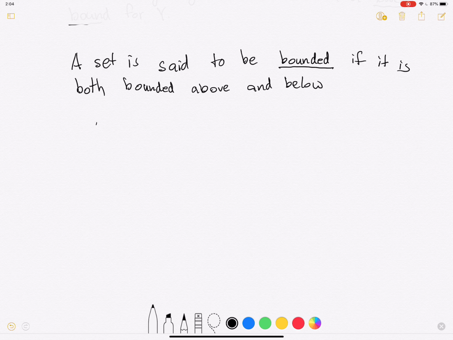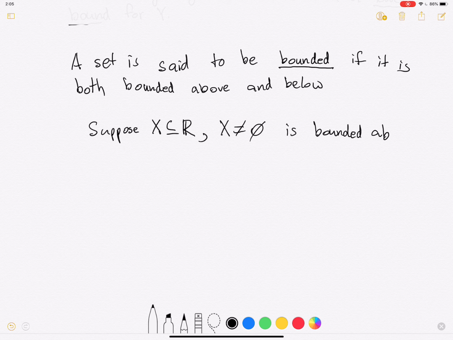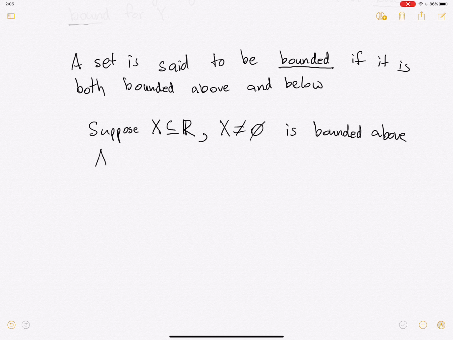Now, suppose some X subset of R that is non-empty is bounded above, with an upper bound.